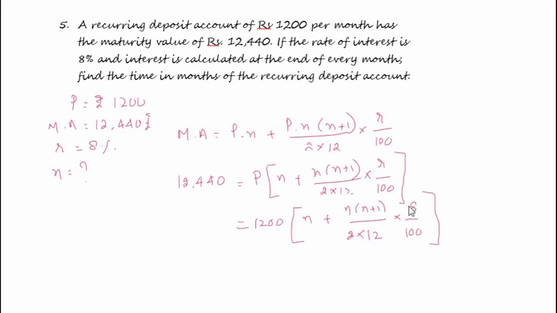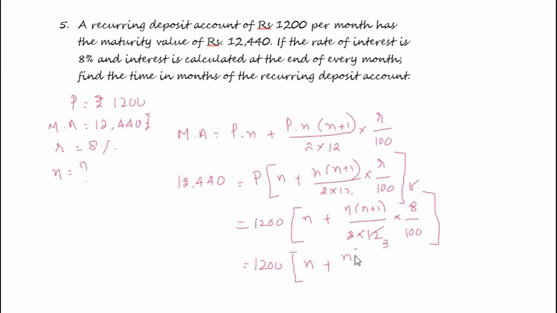2 ones are 2, 4 times 4 ones are 4, 3. So 1200. Now this one N plus, let us multiply this one.